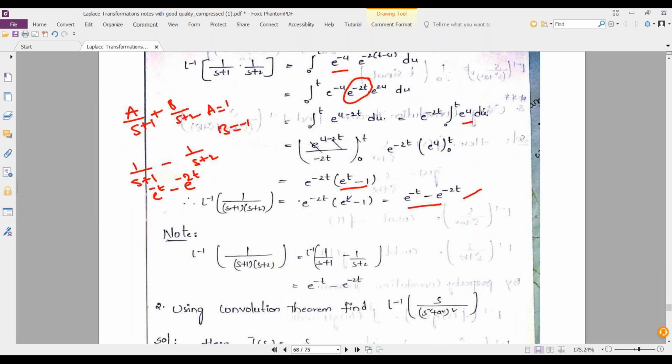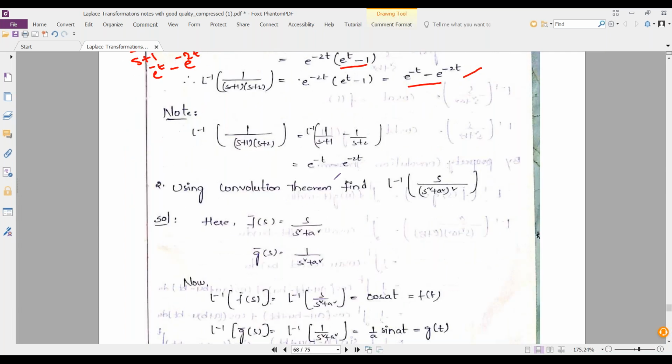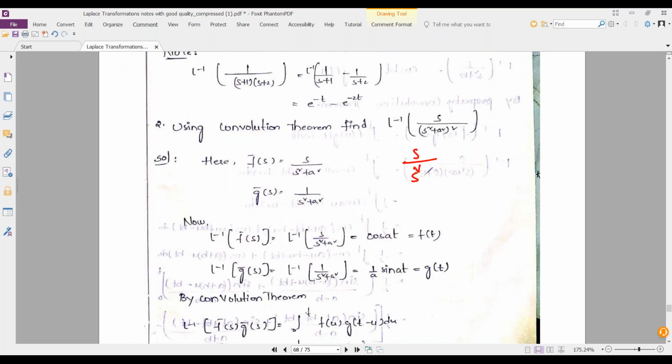An alternative method is also given here: L inverse of s by s square plus a square whole square. Here it can be written as s by s square plus a square as one factor, and 1 by s square plus a square as another. What could be its inverse Laplace?